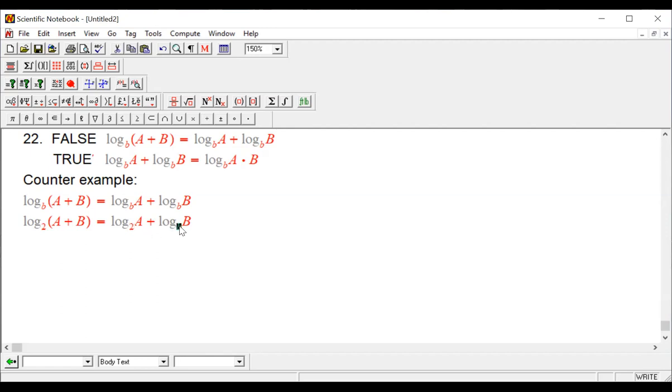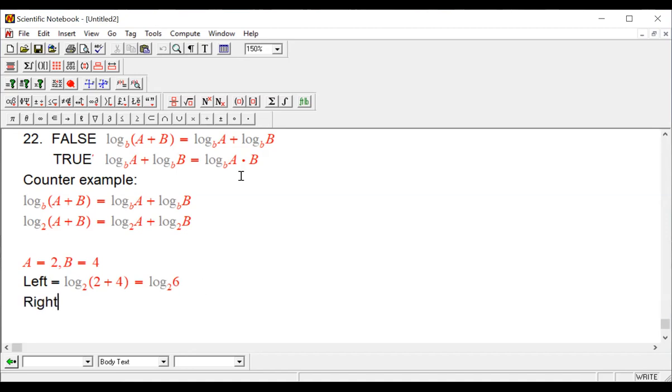Or E, whatever. And then say I'm going to choose A equals 2, B equals 4, right? And the left-hand side is equal to log base 2 of 2 plus 4, so that's going to be equal to log base 2 of 6.